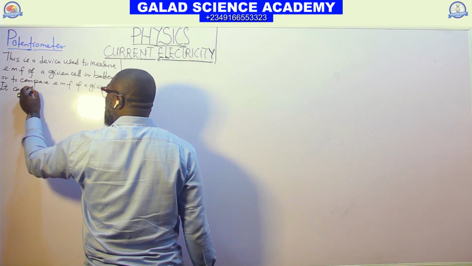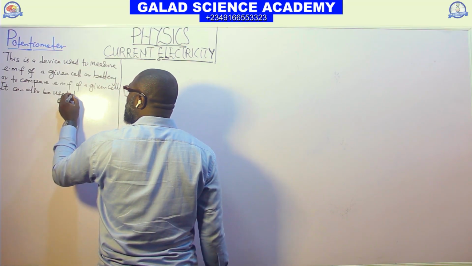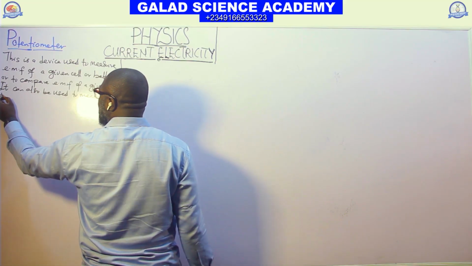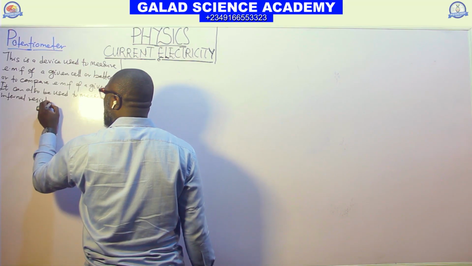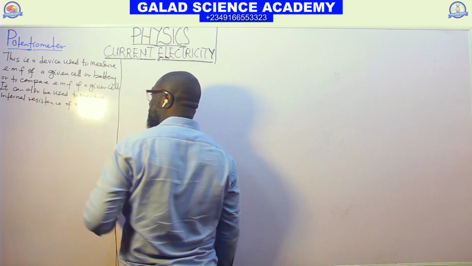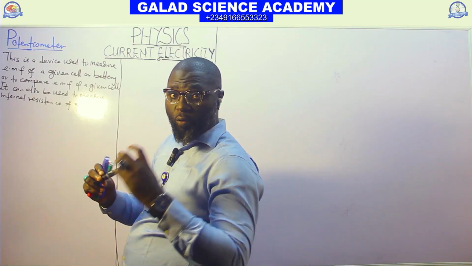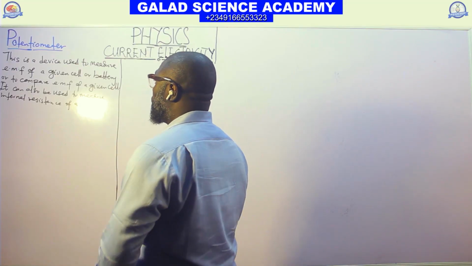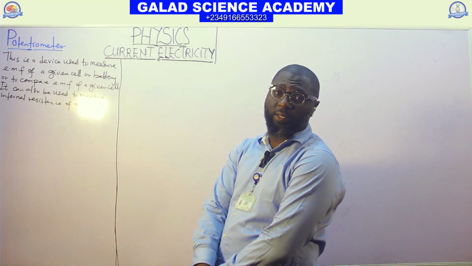It can also be used to measure the internal resistance of a cell. The opposition to the flowing of current in a cell or battery is called internal resistance. We can use this device to measure it.